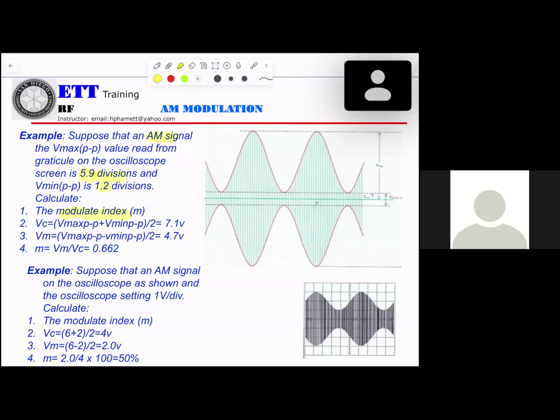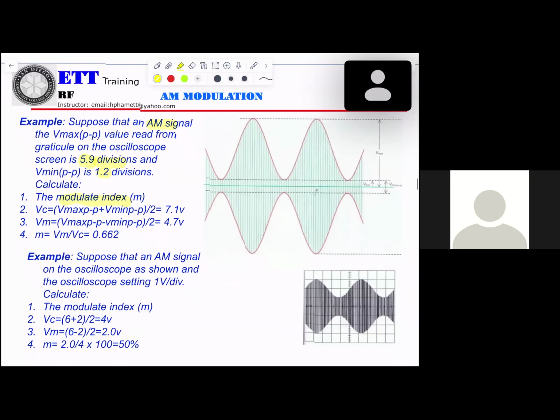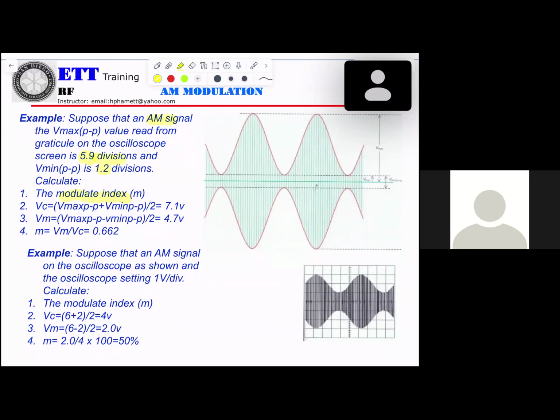Next, Vcarrier, then Vmodulation, and m.